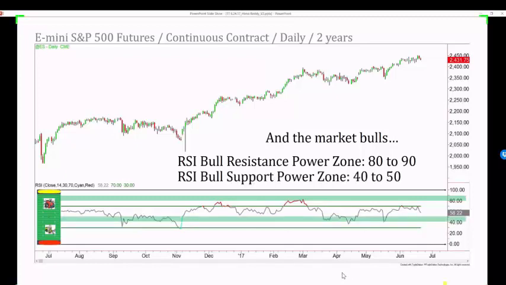And because of that same situation, they don't need to come all the way down to 30 to be considered oversold and then get a buy signal. Many times they actually find support between 40 and 50. So you've got your bear zones, 55 to 65 for resistance and 20 to 30 for support, and now you've got your bull power zone, 80 to 90 for resistance, 40 to 50 for support.